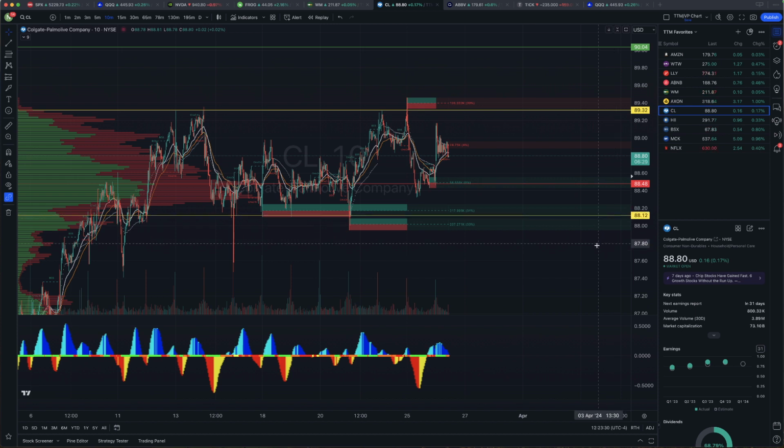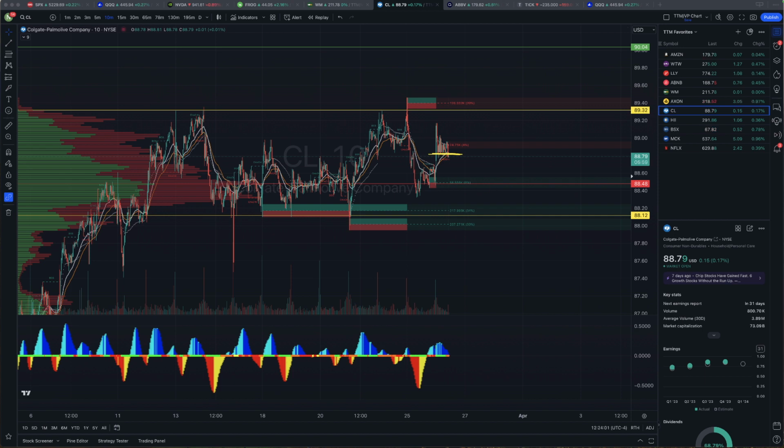So this 88.12 area, this value area low, and you can see these two order blocks sitting here. A break of this area to me would be a stop out for this pattern, as we're looking for this pattern to break up. The reason I don't want to pick it up here is because we're kind of in no man's land, right?